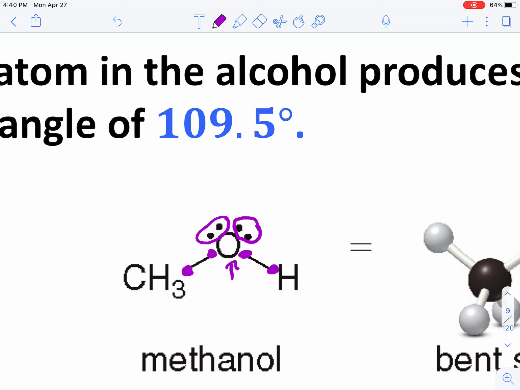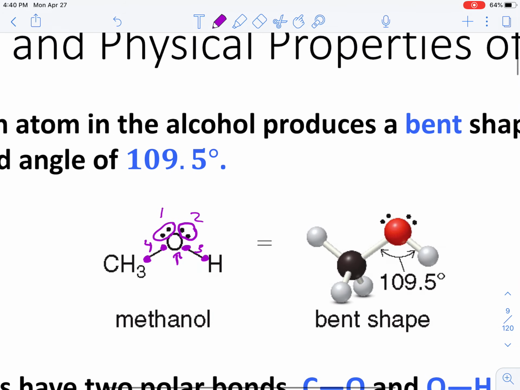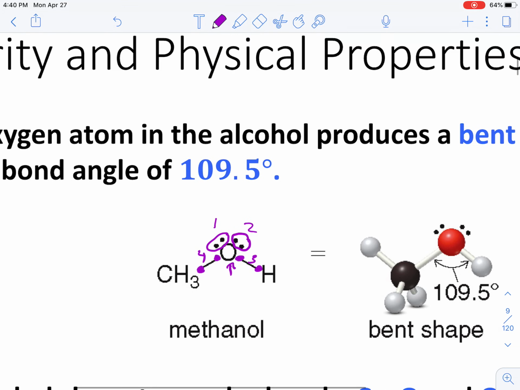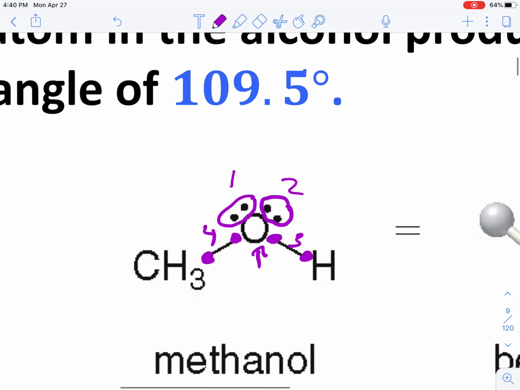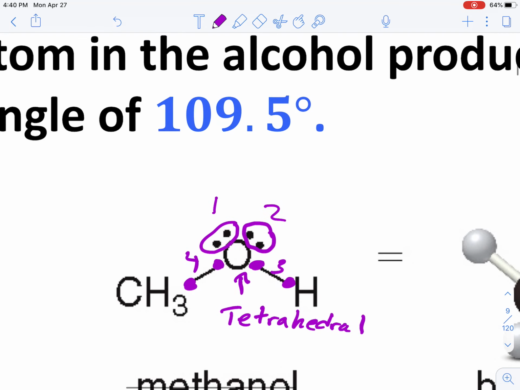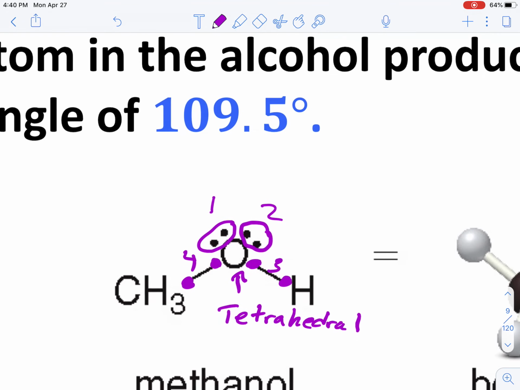And so if you're talking about electron geometry, we have 1, 2, 3, 4 groups of electrons. With 4 groups of electrons, the electron geometry is tetrahedral. And the molecular geometry is going to be bent.